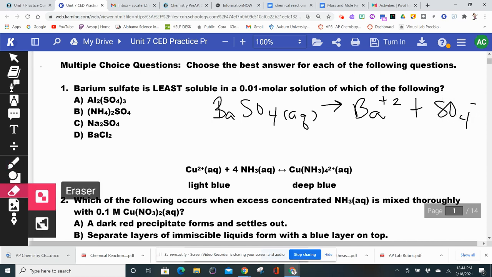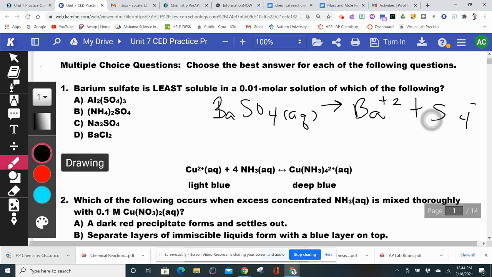Let me change that because that looks like an 8 instead of an S. There we go. So it's saying if we had something else in the solution, which one of those 4 ions, if we added it to the solution, would make the barium even less soluble than it already is?